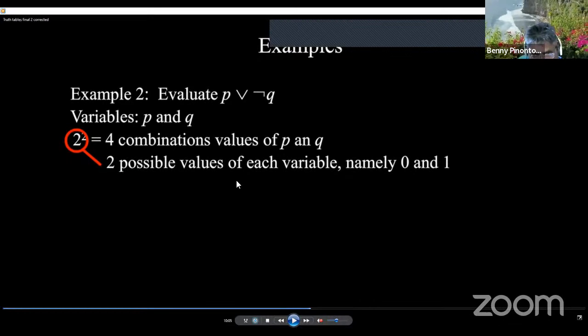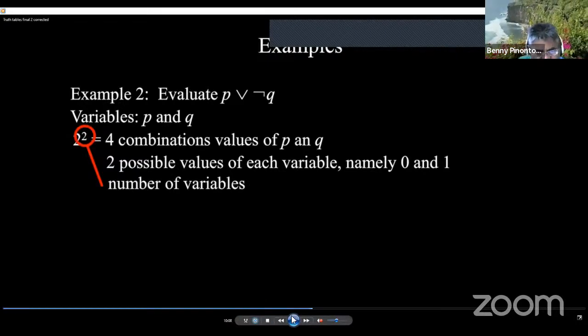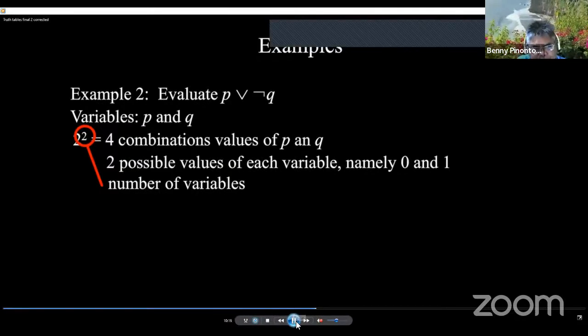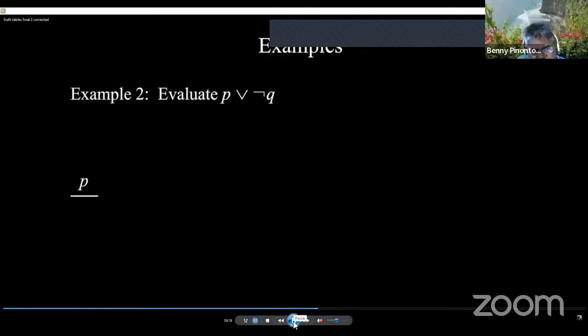These two are for the two possible values, that is 0 and 1, and these two are for the number of variables. And so this is how you're going to do it systematically.